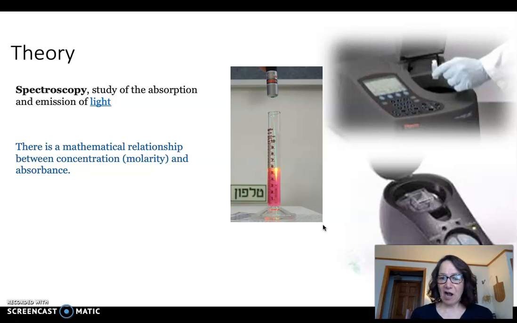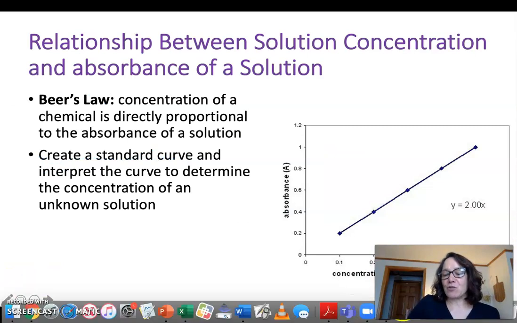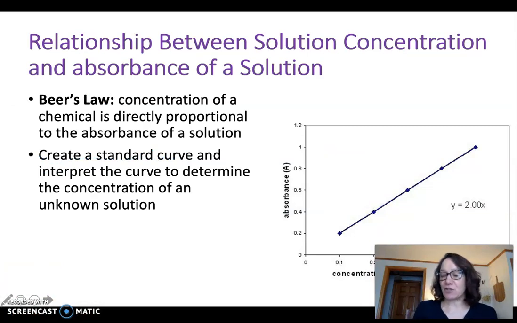If I have a really concentrated solution, a lot of Kool-Aid mixed in, and a really dark red color, then as that light passes through there are a lot of solute particles, so I'm going to have an increase in absorption. So again, a direct relationship between concentration, which we're going to measure as molarity, and the absorbance of a solution.